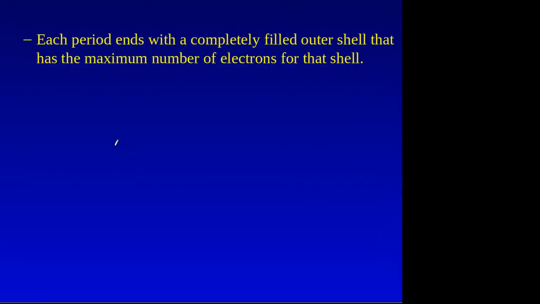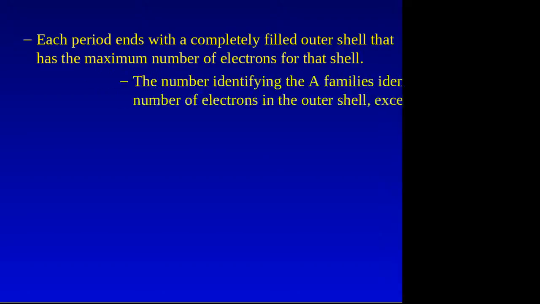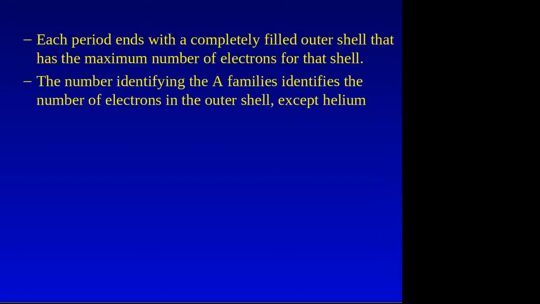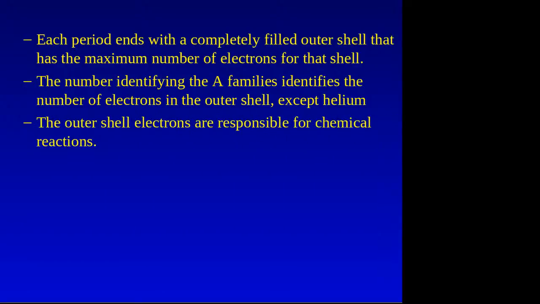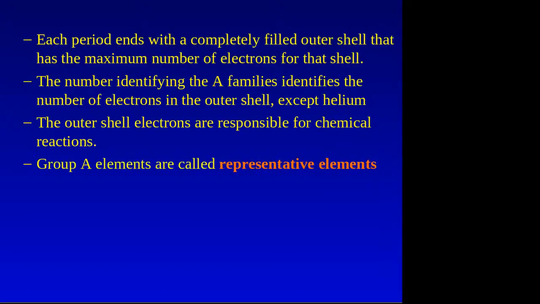And so each period ends when you completely fill that outer shell. Each family says how many things you have in your outer shell. And the outer shells are that barrier that determines how all of chemistry is going to work.